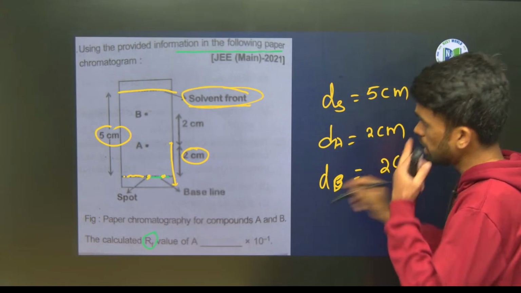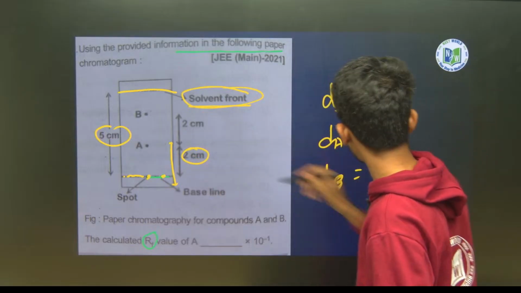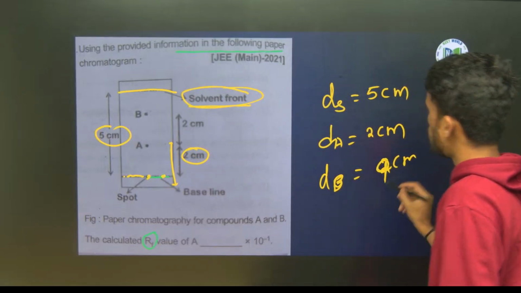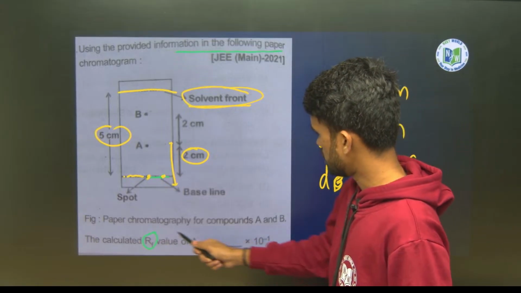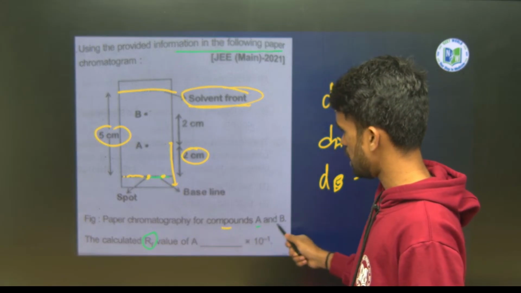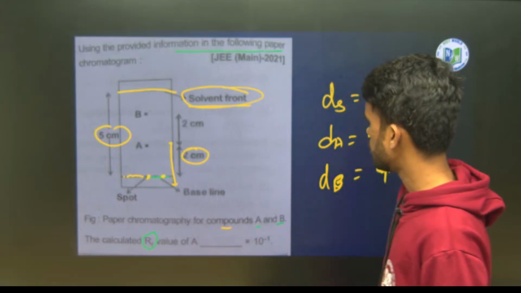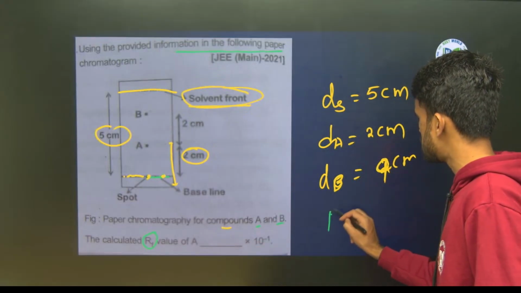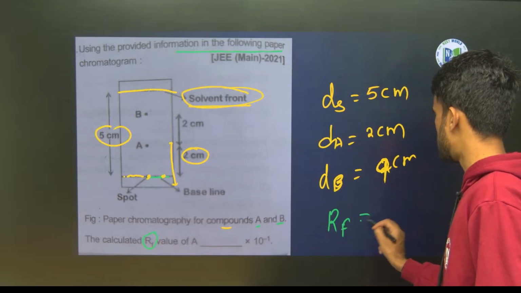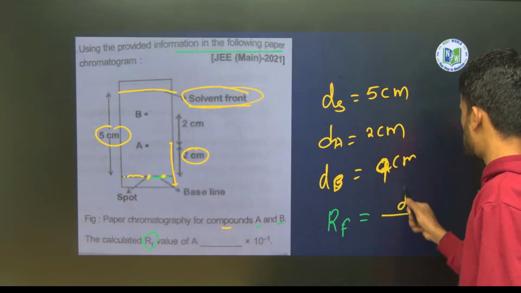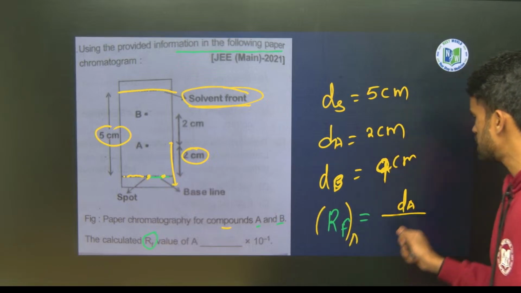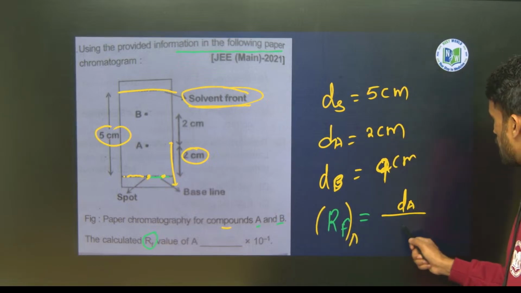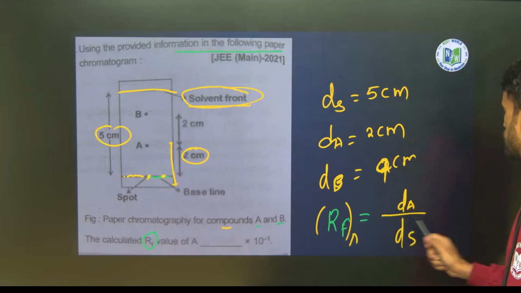Now what are they asking? The Rf value of A. So Rf of A, the retention factor of A, is the distance traveled by component A divided by the distance traveled by the solvent.